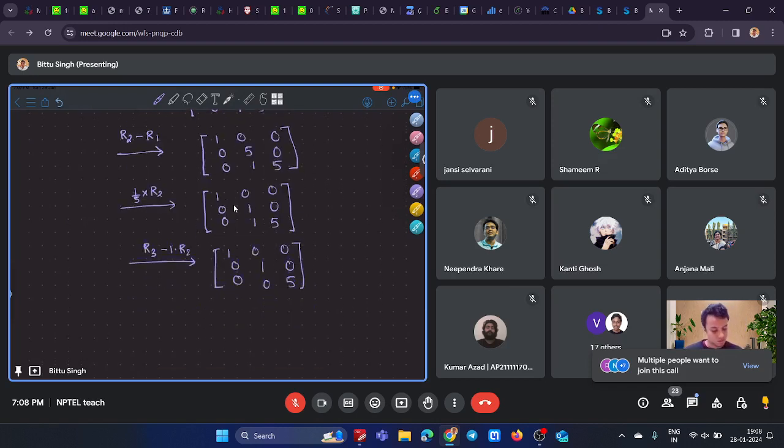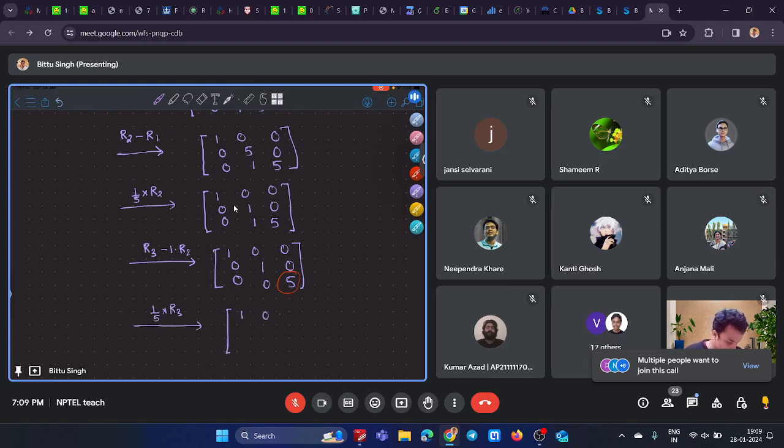It is almost done, but here again you can see that the leading entry of the third row is 5. So the way is to multiply the third row by 1/5.